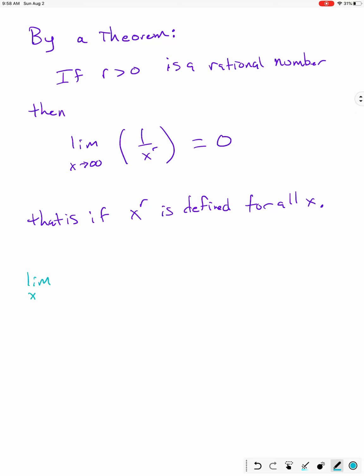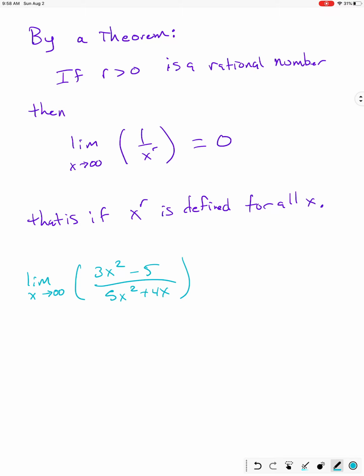So for example, if I wanted to evaluate the limit as x approaches infinity of 3x squared minus 5 divided by 5x squared plus 4x, well, it's not readily available to me what's going on with that limit.